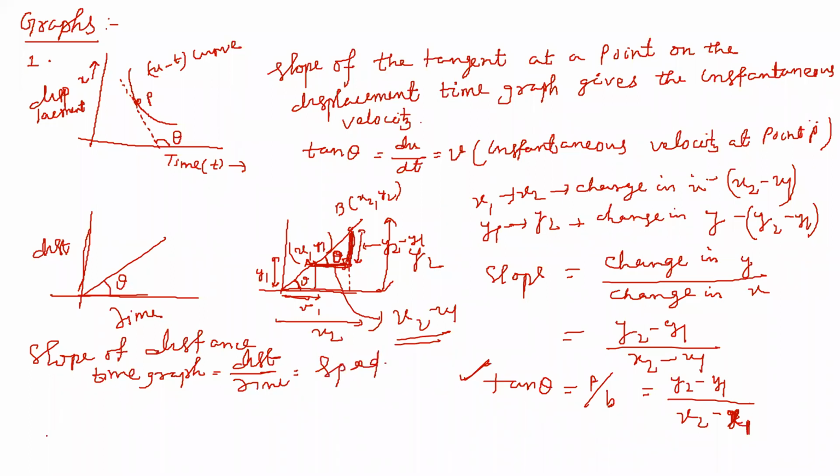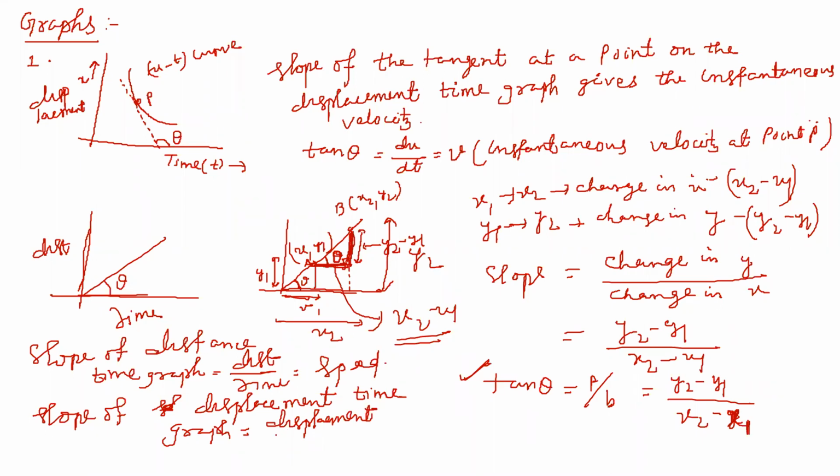Similarly, the slope of a displacement-time graph gives displacement by time, which is velocity.